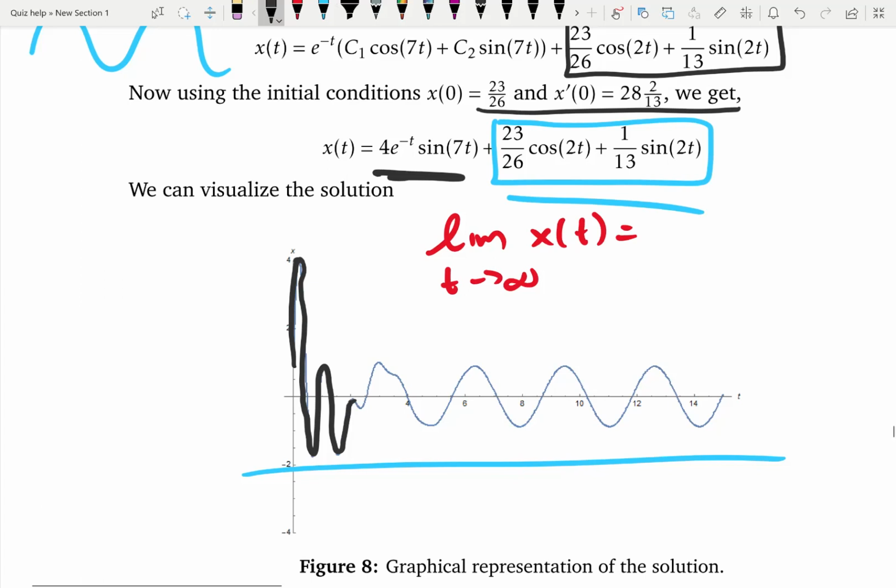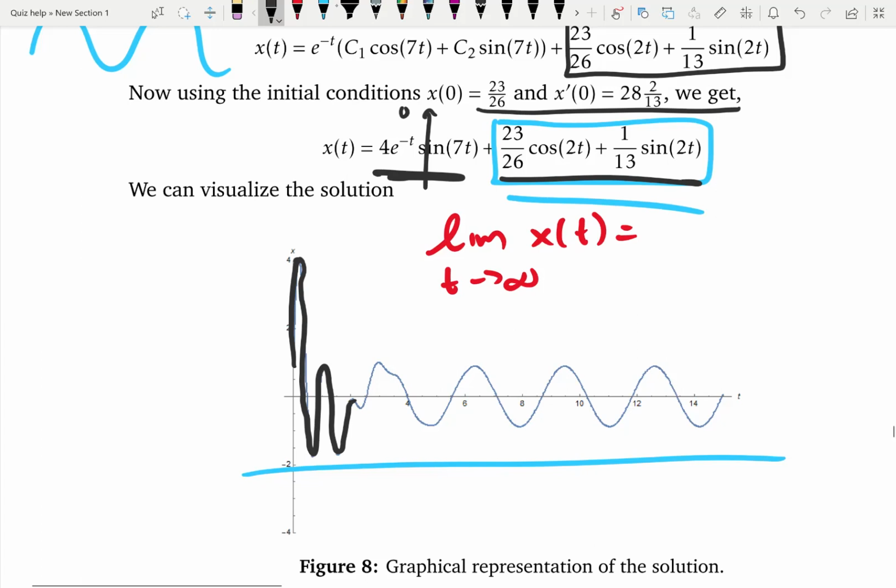But it really doesn't decay out to 0, because when time moves on, when time gets large, this part gets small, but this part doesn't. It doesn't get large either, but it behaves like a sine and cosine combination as time goes on.